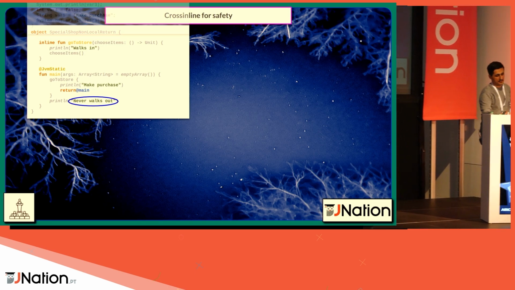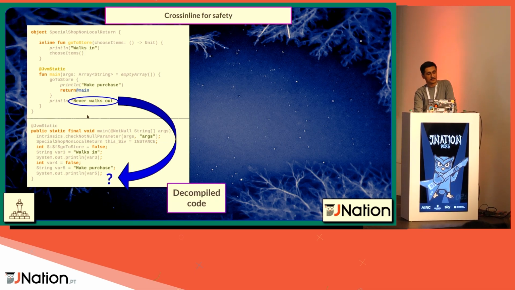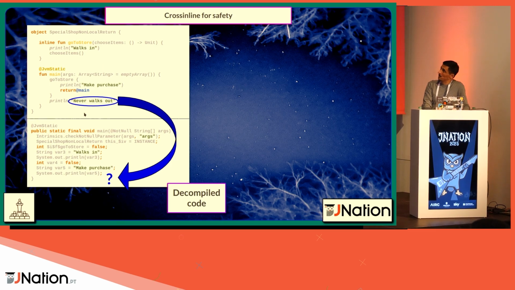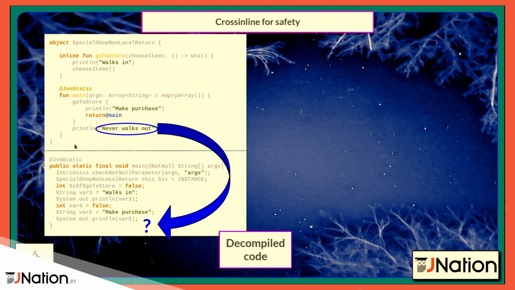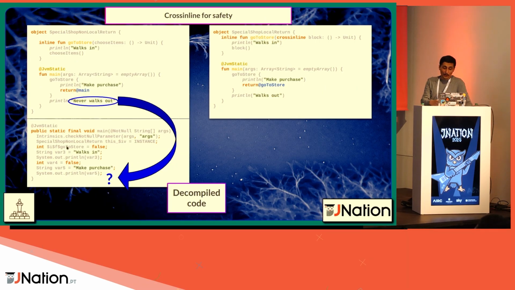And so if we see how the decompiled code appears, we see that the print line never appears in the decompiled code. What crossinline can do for us here is force us to avoid non-local returns.